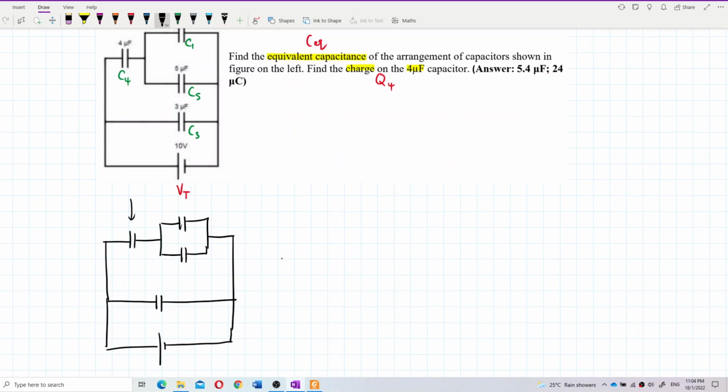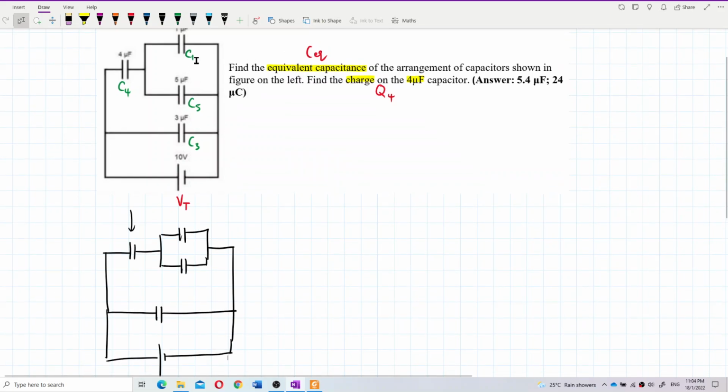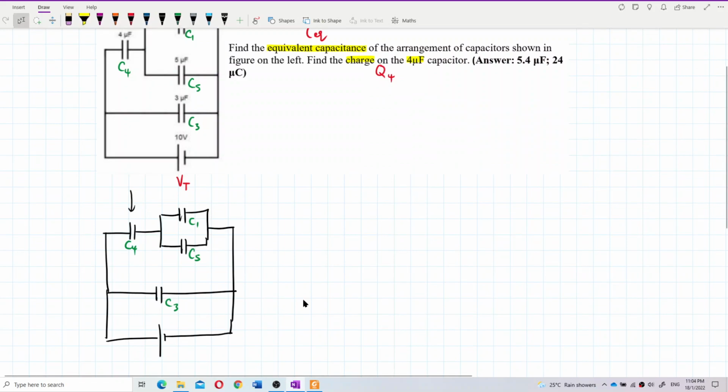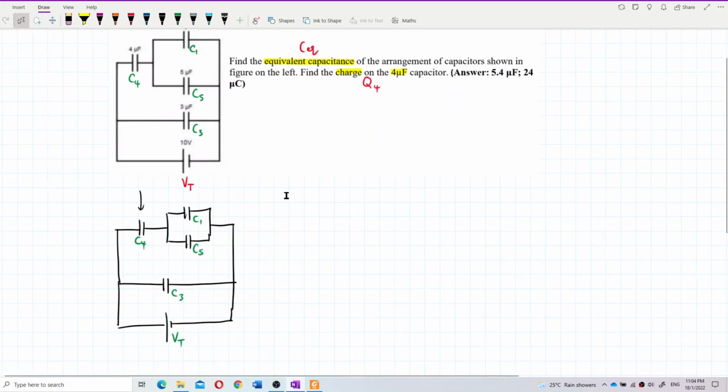So this is C1, C5 over here, C4, here C3, and here we have the total voltage. Now we can find our total capacitance.